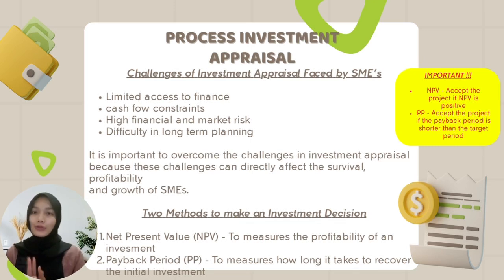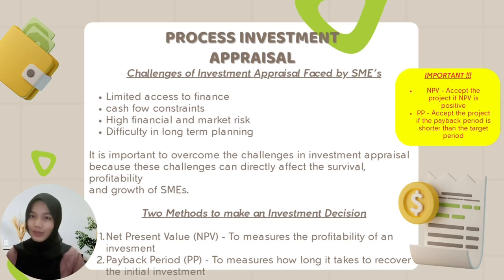So, there are two methods that can be used to make an investment decision. The first one is net present value. Net present value measures the profitability of the investment by comparing the present value of future cash inflows with the initial investment.